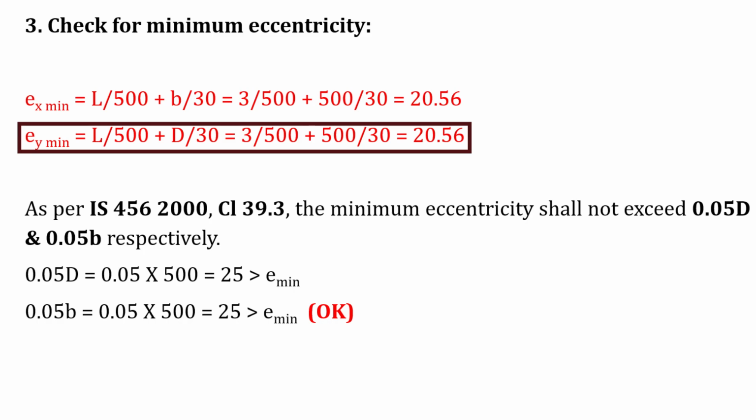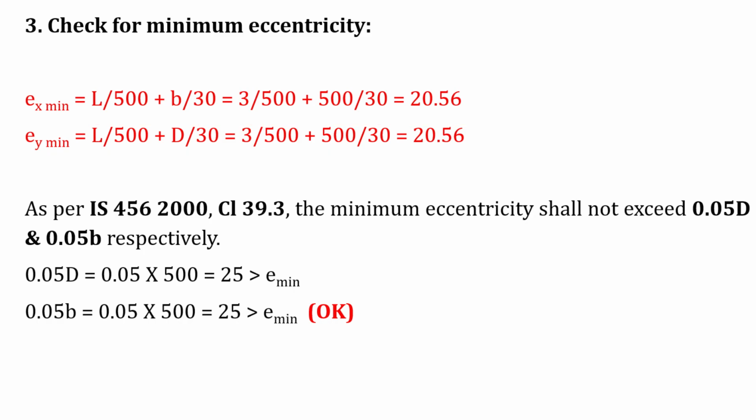According to IS 456-2000, clause 39.3, the minimum eccentricity should not exceed 0.05 times the lateral dimension of the column. 0.05 times D will be equal to 25 mm, which is greater than the minimum eccentricity. Similarly, 0.05 times B will also be equal to 25 mm, which is greater than E minimum.